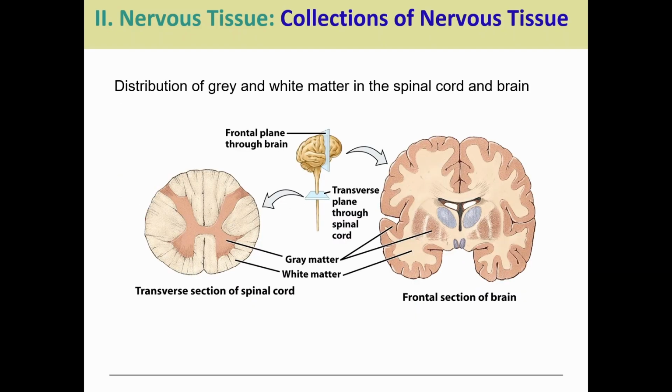So if we look at how it's distributed, again, here they're using a beige color, but the darker colors are going to represent the gray matter, and the lighter beige is going to represent the white matter. We notice in the spinal cord, the gray matter is more central, more in the middle, and the white matter surrounds it. But when we look at the brain, it's reversed. The gray matter forms the outer edge, and the white matter is deeper in.